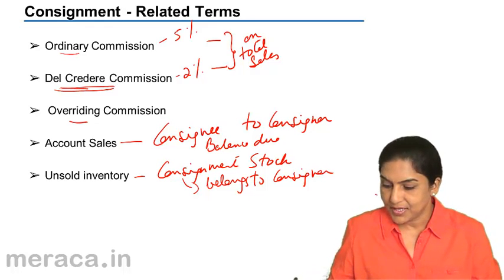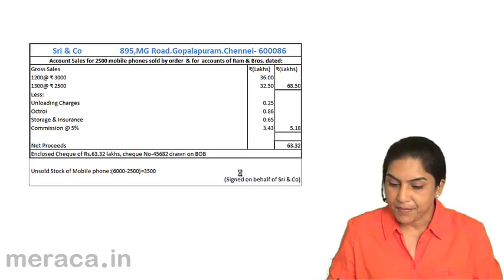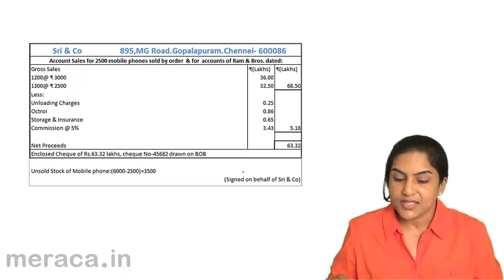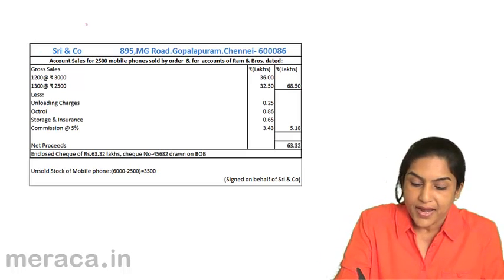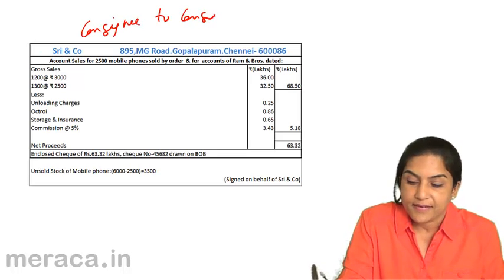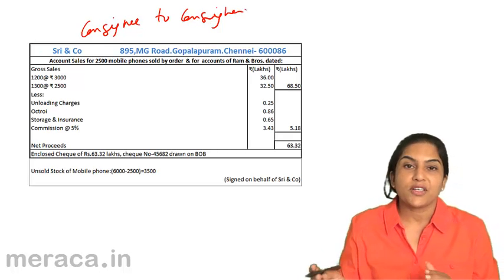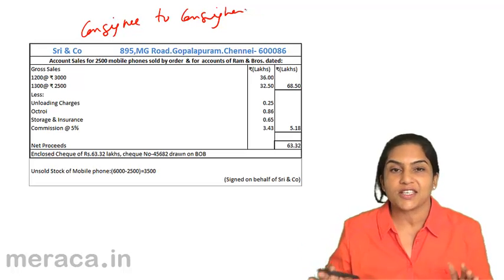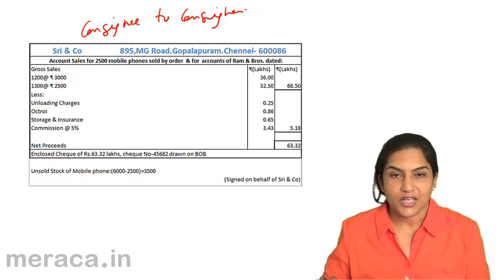Let us look at the format of an account sales. Account sales, as I said before, is sent by consignee to consignor. And what is sent by the consignor to the consignee? A proforma invoice is sent by the consignor to the consignee.